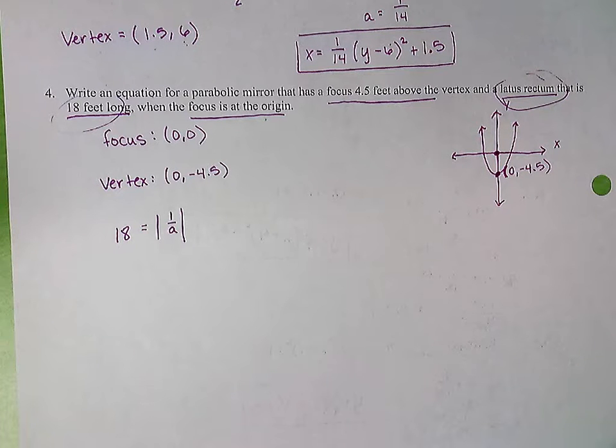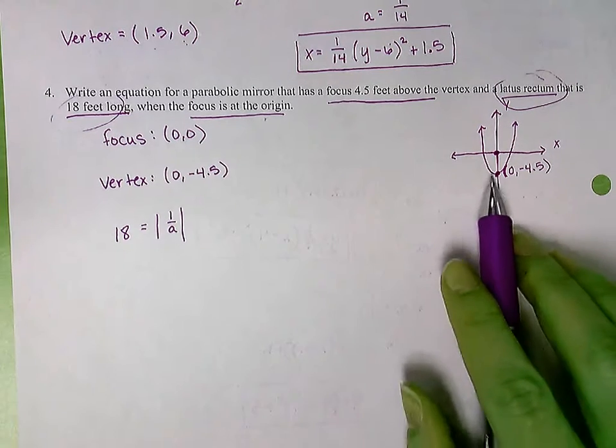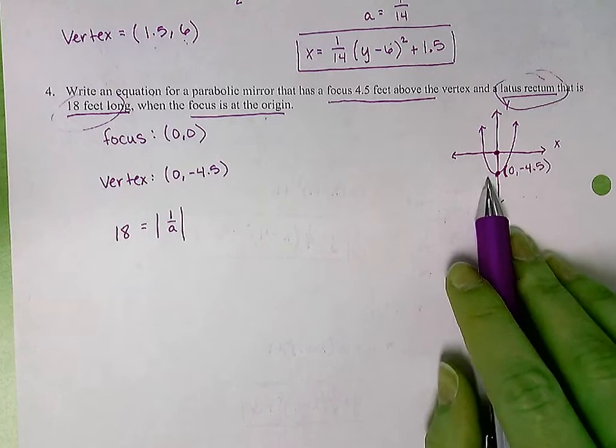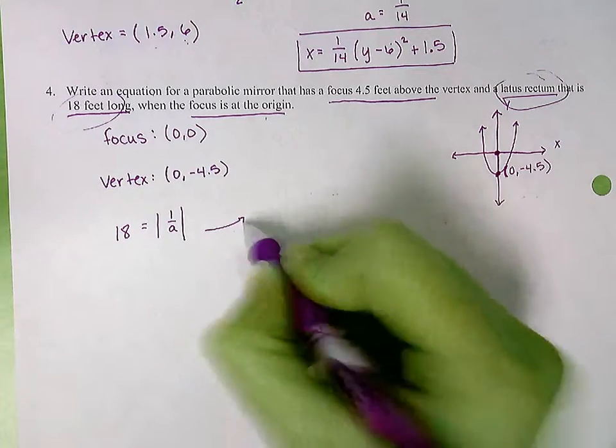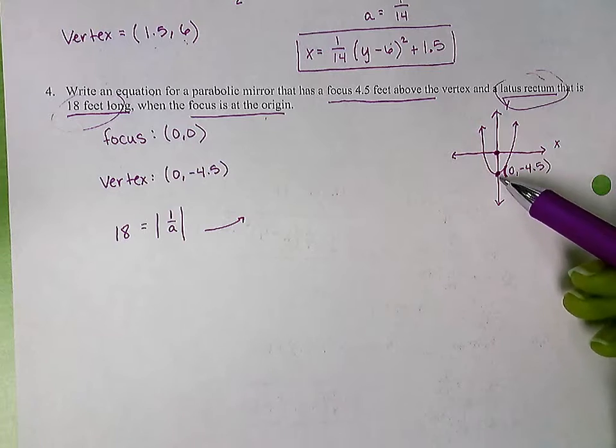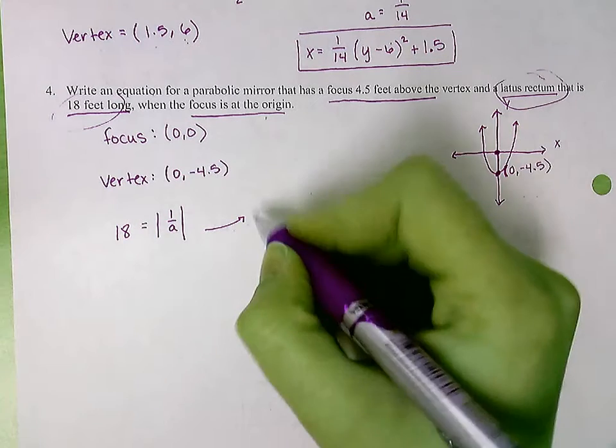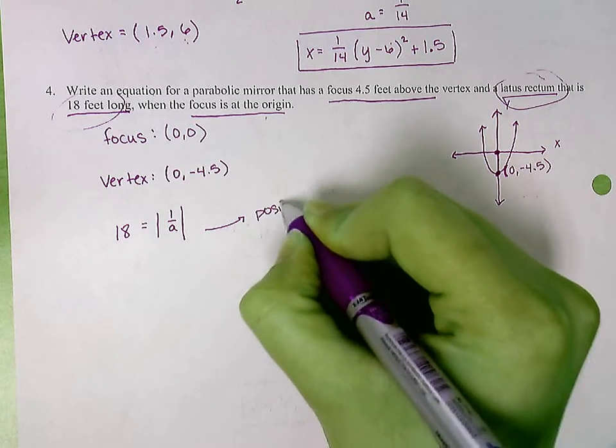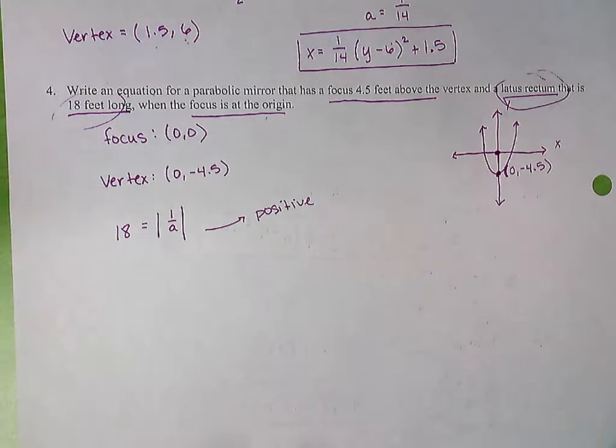Stop talking. Now we already know this opens up. So this has to be positive. So that means our A value has to be positive, okay, since it's opening up and not down.